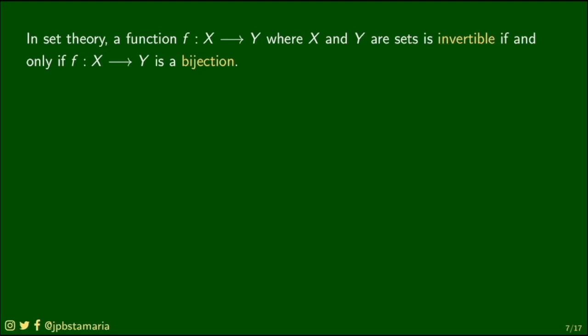Well, in earlier mathematics or in sets, we know that a function f from X to Y, where X and Y are plain sets, is invertible if and only if f is a bijection from X to Y. This is one of the main theorems in mathematics that you should always remember. Here, the word bijection means the function is both one-to-one and onto.